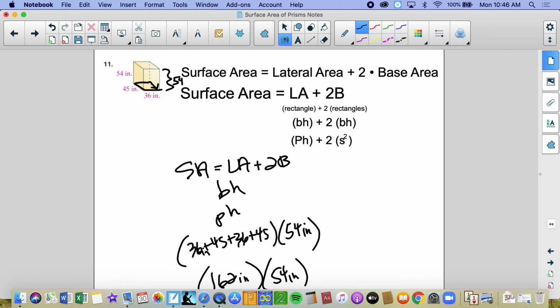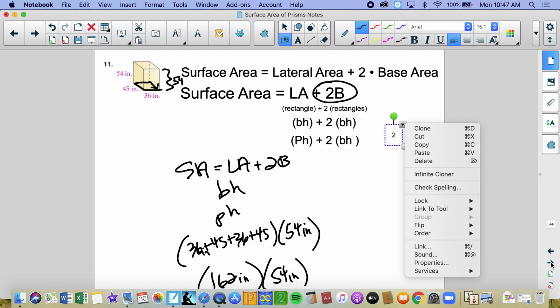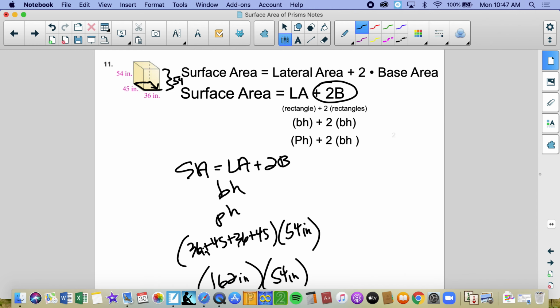And now we have to find the 2B, and that shouldn't be s squared, that should be bh. Sorry about that, because it's going to be a rectangle. Formula for rectangle is base times height. So we have 2 rectangles, and that's going to be our bases here. So we're talking about this area and this area, and they're going to be identical.